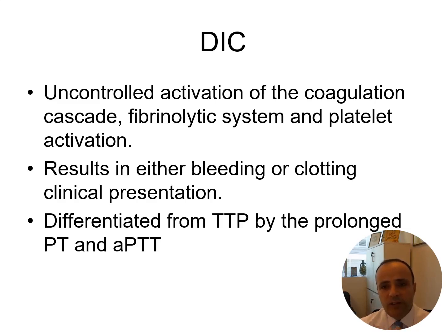The way to differentiate is that in DIC, because you're consuming the coagulation system, if you do the tests for coagulation, you can learn about these two tests later in the course, PT and PTT, these become abnormal because you're consuming the coagulation cascade. While in TTP, the PT and PTT remain normal.